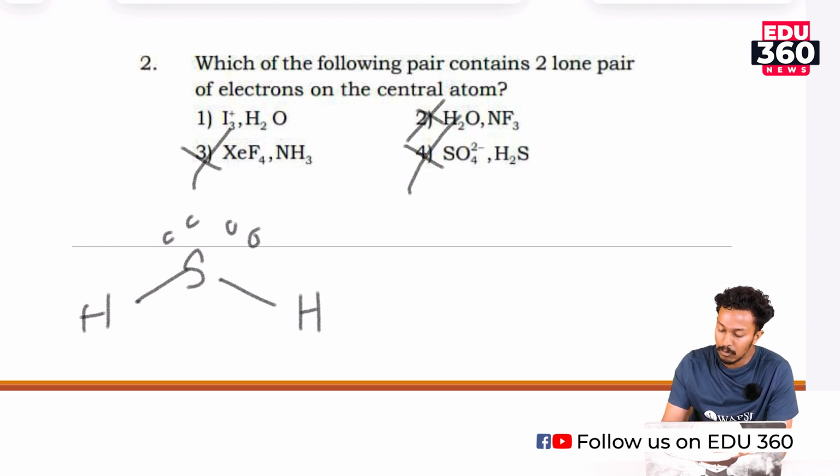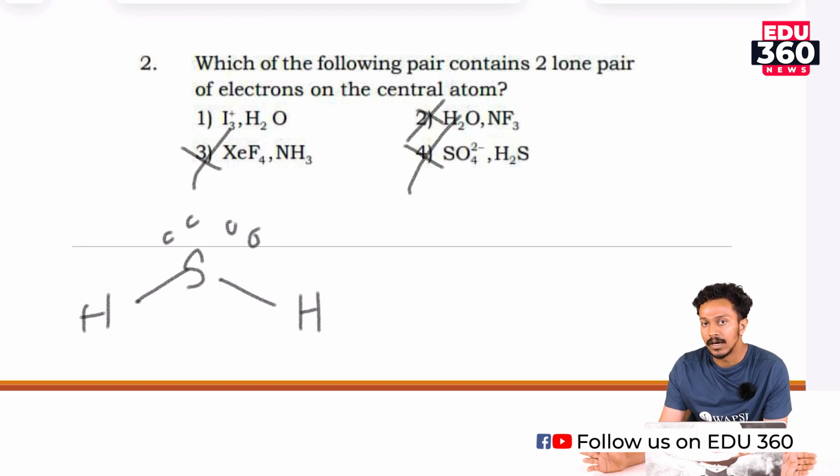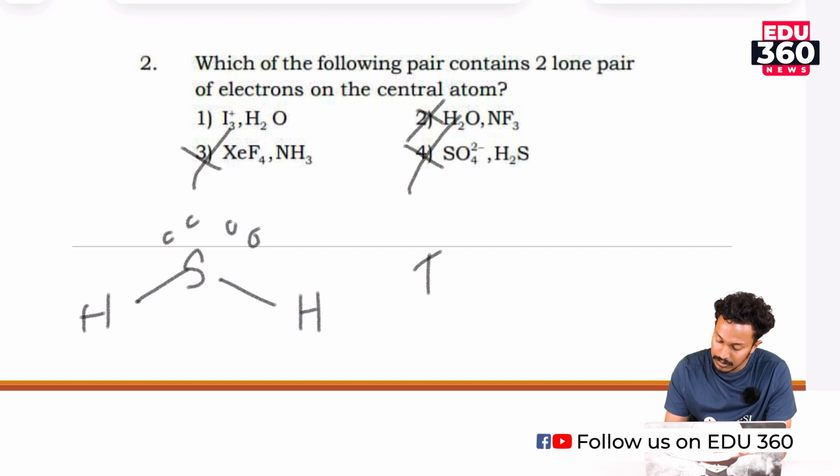So, we could rule out option 4, and we do have I3 plus and H2O. I3 plus is a linear molecule having two lone pairs on the central iodine atom and 3 lone pairs on the end iodine atoms. The structure of I3 plus is like this one.